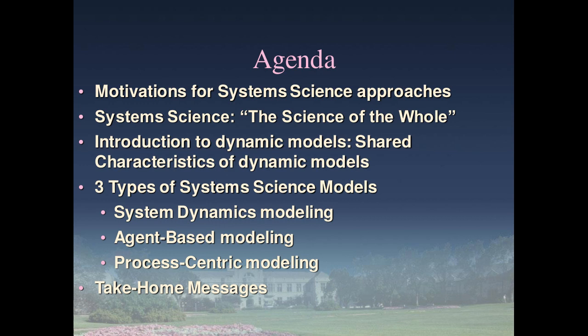Trying to reason about the whole is challenging, and system science has sprung up as a discipline to provide us tools for reasoning about and indeed helping to better manage complex systems. We're going to talk before the eclipse begins about 3 additional types of system science models that will take us through the boot camp.